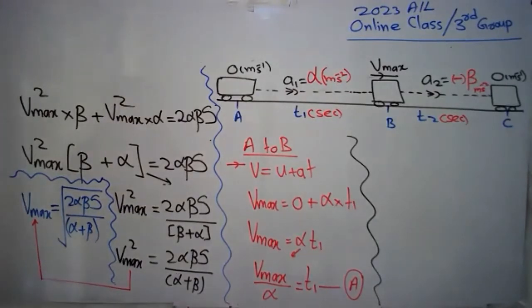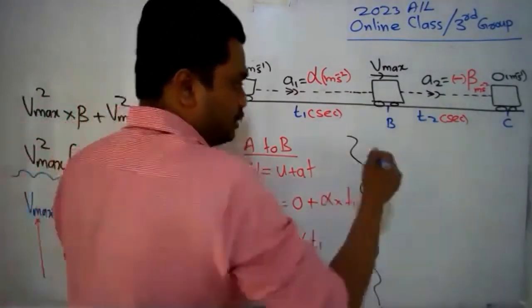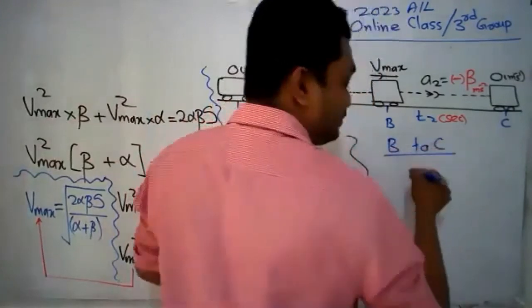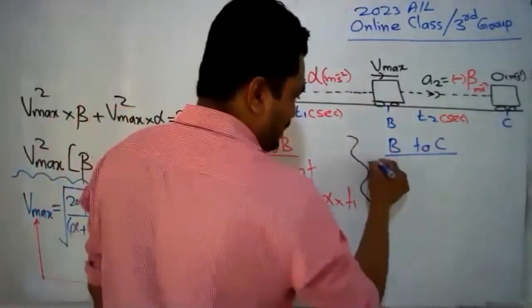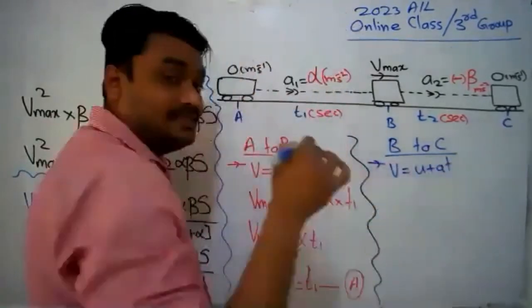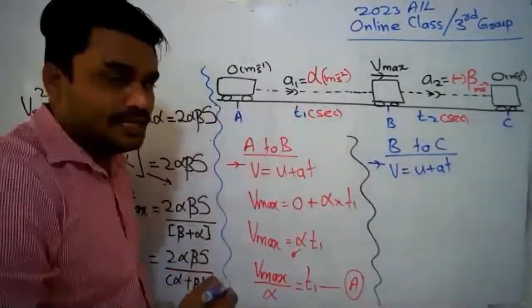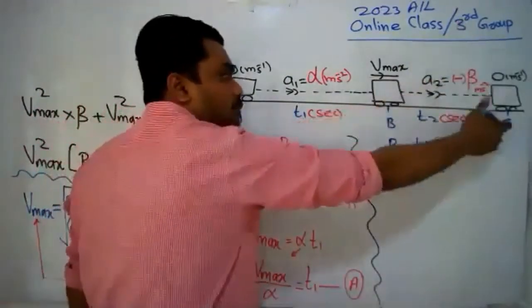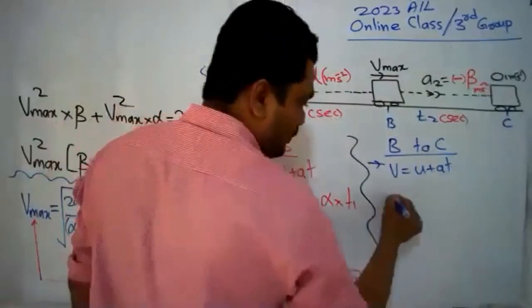Right. I'll apply the same equation from B to C section, V equals U plus AT, the same equation in the same direction. In the BC section, the final velocity is the velocity at the point C, that is 0.